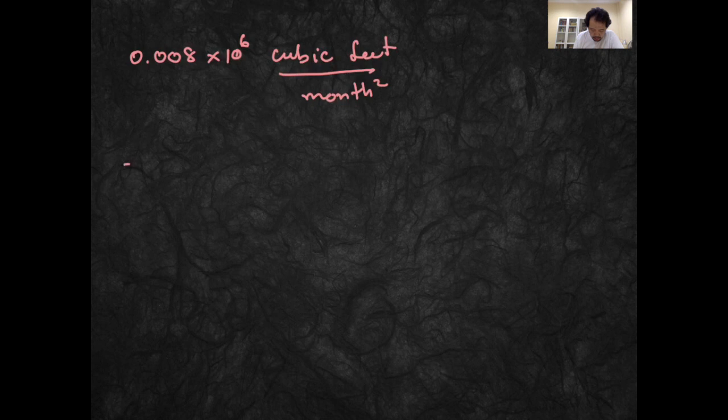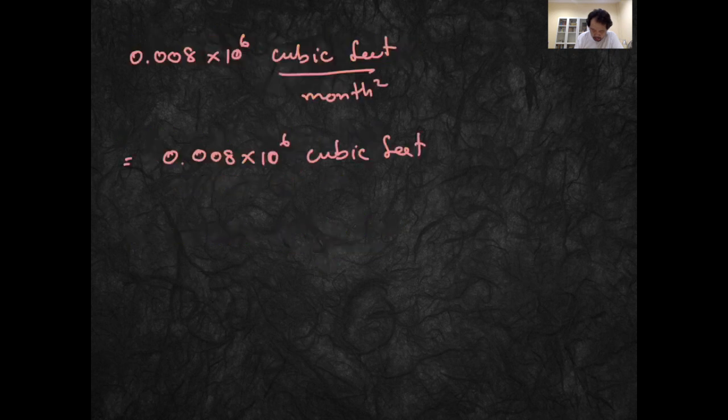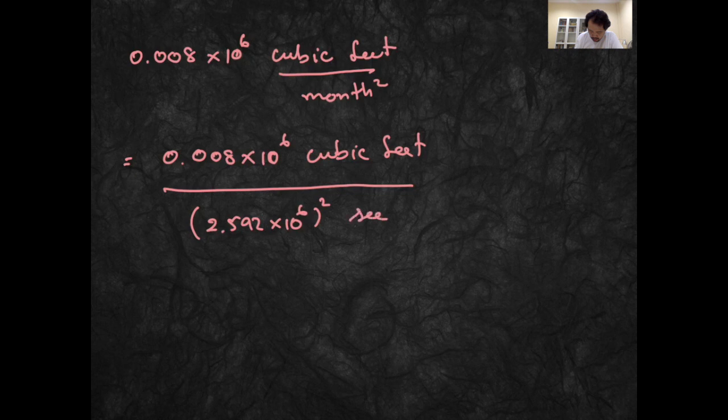And we know that this is equal to 0.008 times 10 to the 6 cubic feet to 2.592 times 10 to the 6 square second square. It means that you convert this month square into second square.